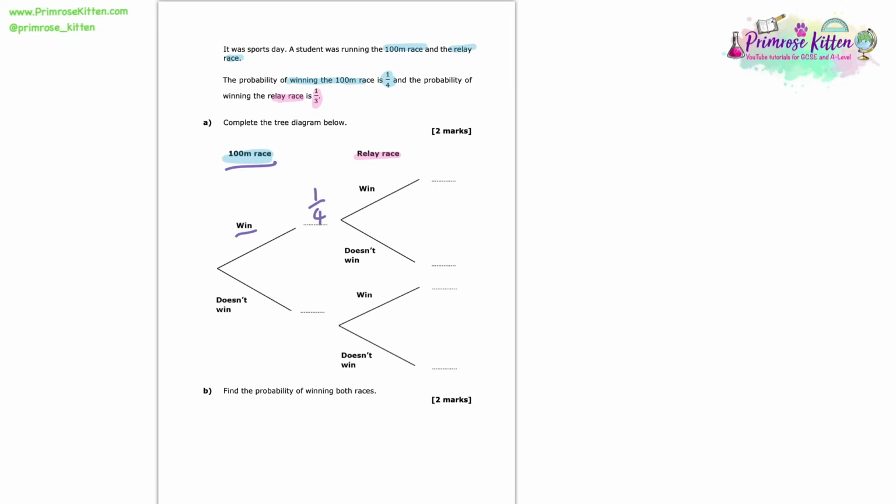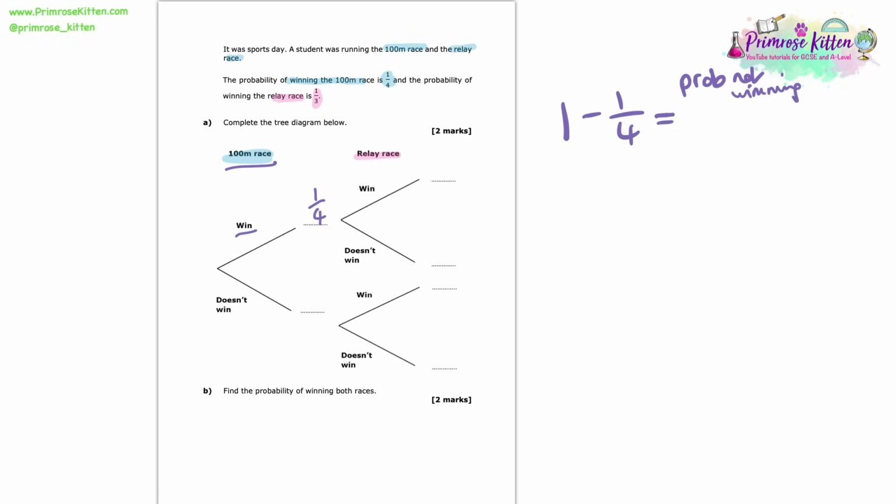Then we need to work out the probability of them not winning. So to do this, we need to know that all probabilities of all the options of something happening have to add up to make 1. So for that reason, we can say 1 minus 1/4 will be equal to the probability of not winning. So we need to subtract 1/4 from 1 whole.